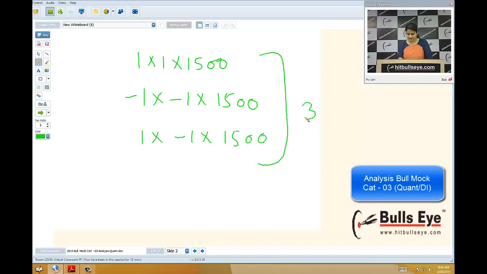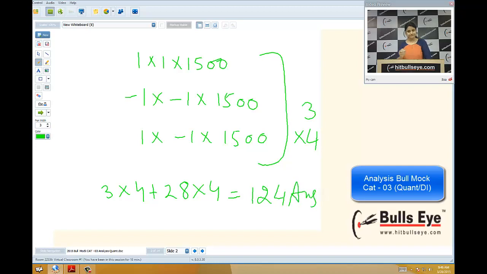So 3 cases from this, into 4, because we were having 4 cases in which 2 numbers were the same. So what is the answer in this case? 3 into 4 plus 28 into 4. That is the answer in this case. It will be 124, I think. It was a very difficult question.